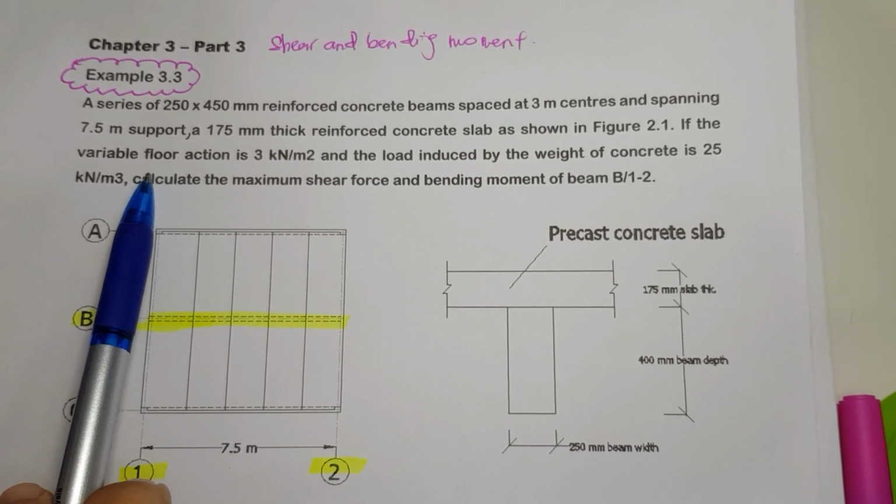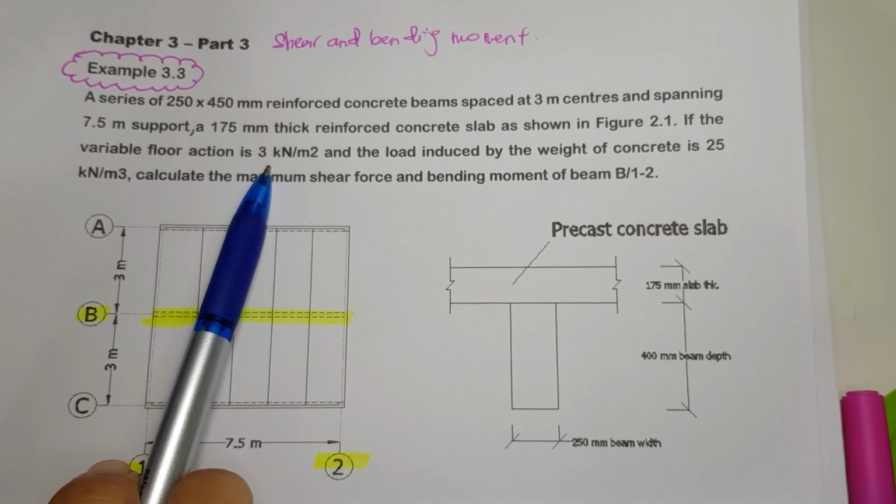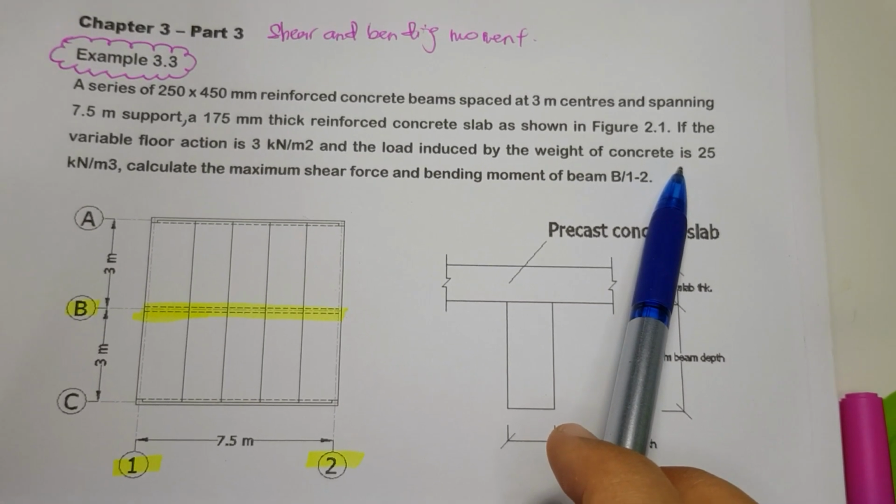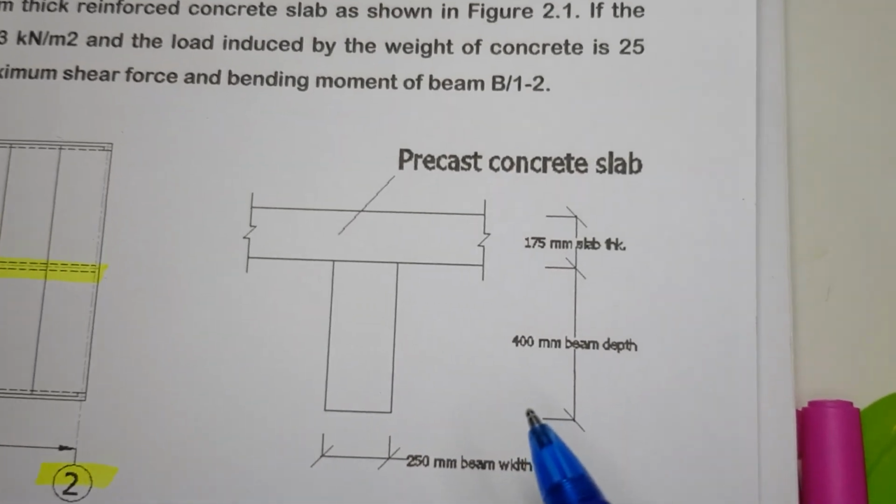Given the QK is 3 kN per meter square and unit weight of concrete is 25 kN per meter cube, and this is the cross section of the beam.